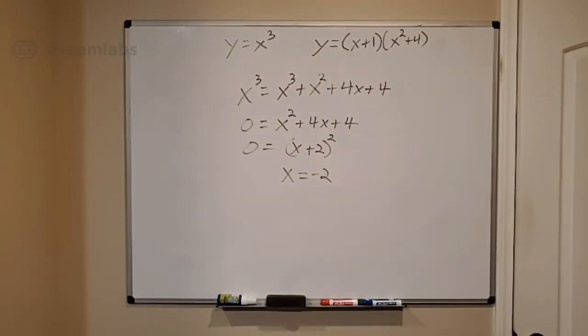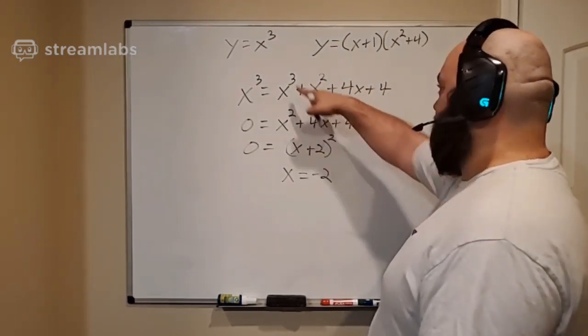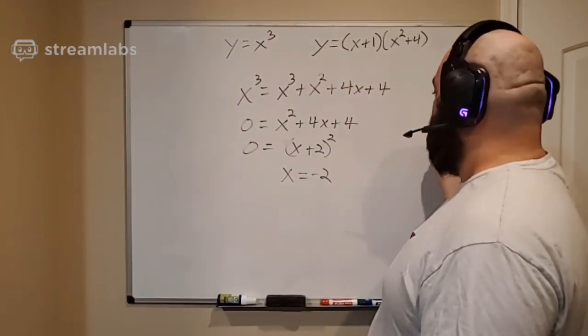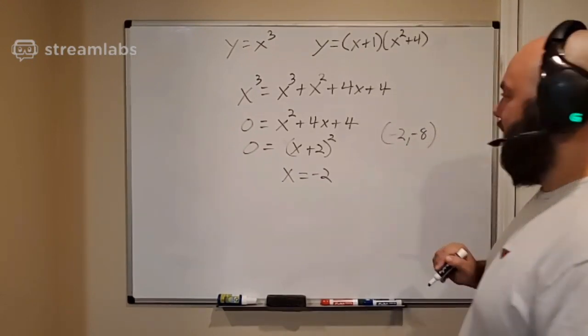Okay, so you can find that point just to be on the safe side because it's kind of a little ambiguous. I would plug it in to the first one because it's much easier, obviously. So you get that y is equal to negative 8, so negative 2, negative 8, just in case they're looking for that y value, because it doesn't really explicitly say.